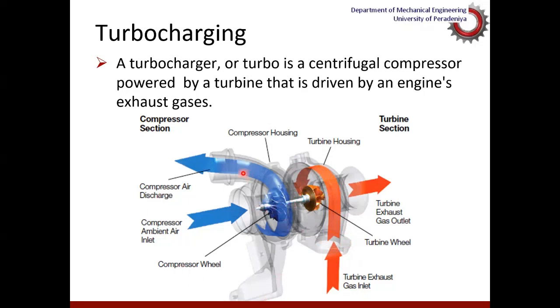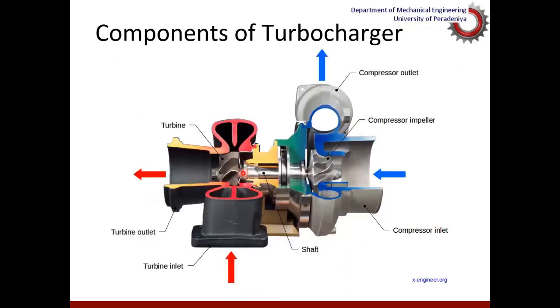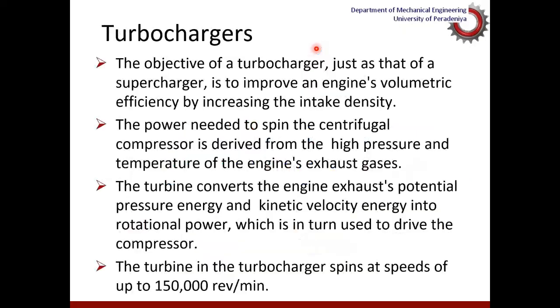The compressor is more or less the same type we discussed earlier. This is a cutaway section of a turbocharger. This is the turbine, this is the compressor. The hot exhaust gas comes in and goes out to the exhaust pipeline from this side. The inlet air comes in from this side, and boosted air goes out from this side.